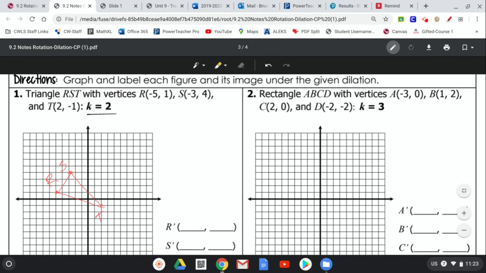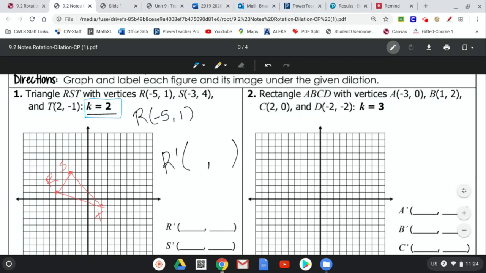Triangle RST has vertices, and I graphed it there, R at -5, 1. So let's start with R. We're going from R at -5, 1 to R prime, and we're trying to figure out what R prime is going to be. To figure out the x and y coordinates, we take R and multiply those two coordinates by our scale factor, which in this case is 2.